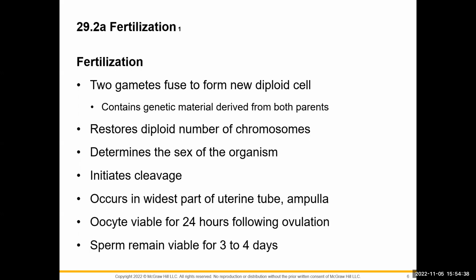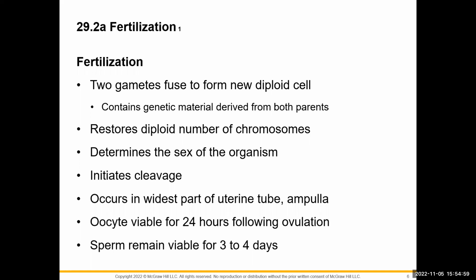Normally fertilization occurs in the fallopian tube, specifically the ampulla. If you recall, the ampulla is a widened area of the fallopian tube between the isthmus and the infundibulum.